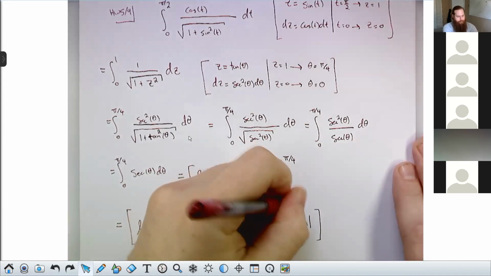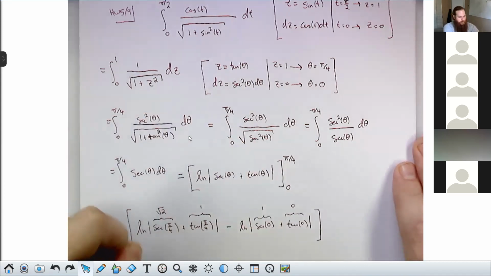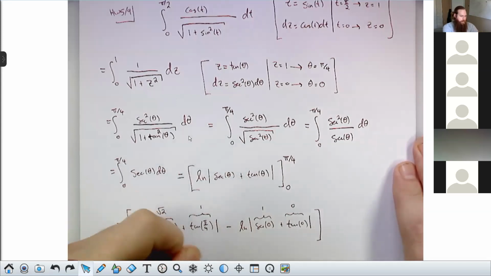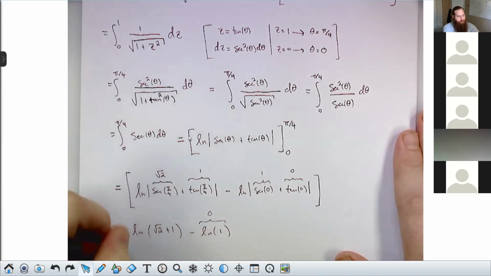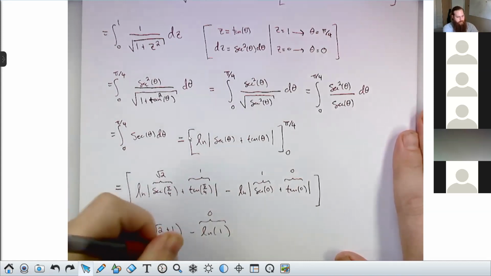Good. So this is the natural log of root 2 plus 1, which is positive, so I can lose the absolute values, minus the natural log of 1. And the natural log of 1, everybody say it with me. 0, good. All right, so this apparatus is just the natural log of root 2 plus 1.